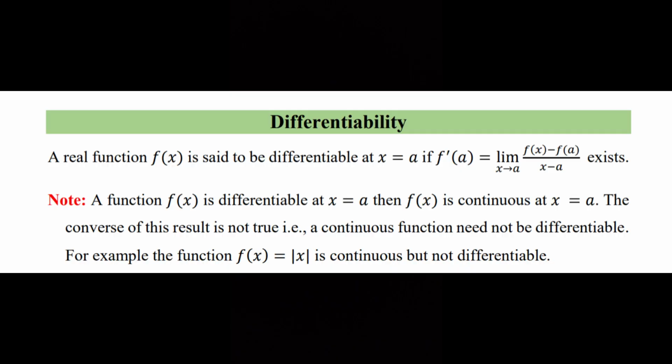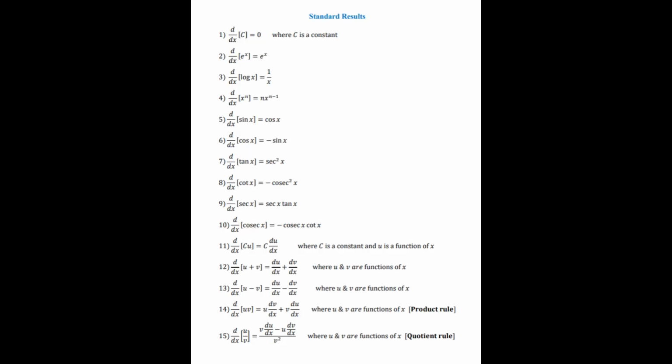So next it is the differentiability. The definition of differentiability is: a real function f of x is said to be differentiable at x is equal to a if f dash of a, the limit x tends to a of f of x minus f of a divided by x minus a, exists. For this we have some standard results to prove this.